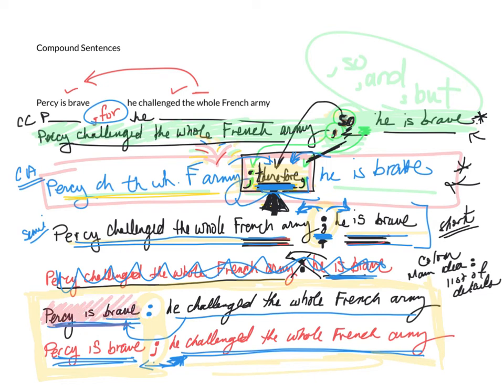And this is just a detail. A semicolon says these two ideas are equal and equally important. So the first sentence, this one that has the colon, emphasizes Percy's bravery because it puts the emphasis here. The second sentence emphasizes that both of these two things are true.